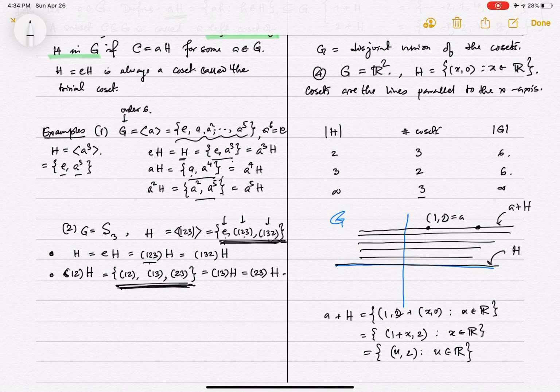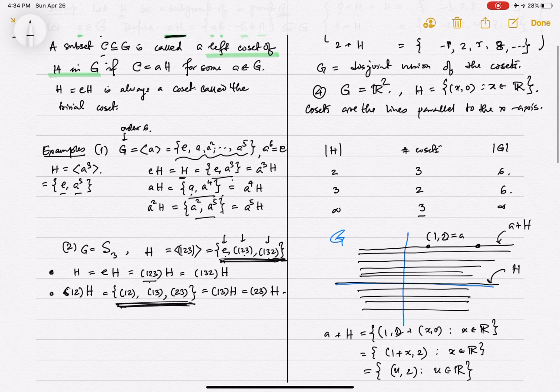And again, the group and the subgroup both are infinite in this case, but you do see that the whole group, meaning the whole plane in this case, is a disjoint union of these parallel lines. And that's going to be the general theorem, which in the particular case when G is finite tells you that the size of the group is equal to the size of the subgroup times the number of cosets.